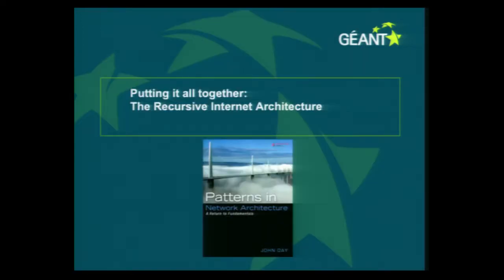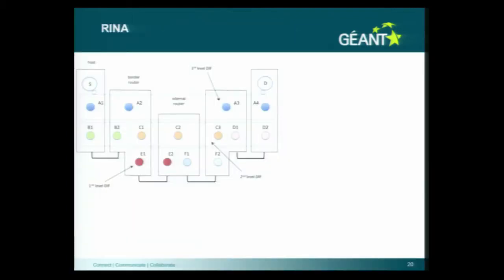So, John Day. If you put it all together, this is the recursive internet architecture. It's based on the book by John Day from 2008 or 2009 called Patterns in Network Architecture. This is what RINA looks like. It has a structure of recursive layers that provide IPC, inter-process communication services, to applications on top.